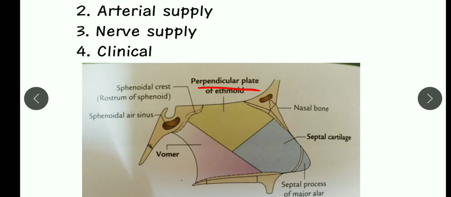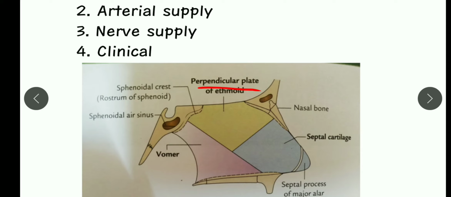It may occur as a sequel to nasal trauma. After any nasal trauma, the nasal septum can deviate, or this is also caused by congenital malformation. Excessive deviation of the nasal septum may cause nasal obstruction. It is treated by submucous resection, known as SMR, submucous resection of septum.